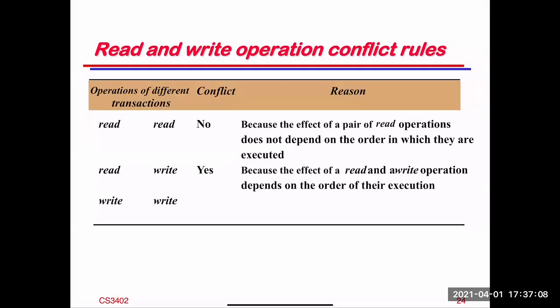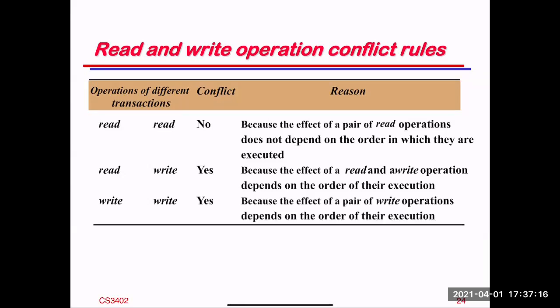But if one of them reads and the other one writes, then that really depends on the order of the execution. So there can be a conflict. Similarly, if both of them write, there can be a conflict, right? Because we saw this lost update problem a few slides earlier when two transactions write the same item. So we might get an incorrect result in that case.